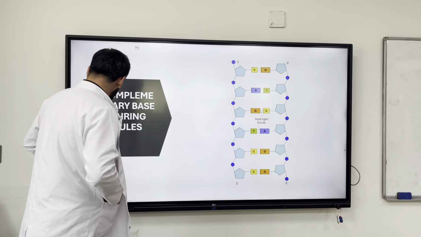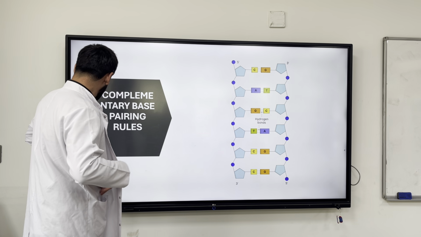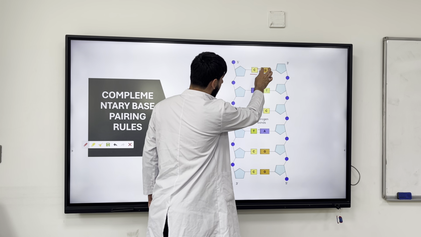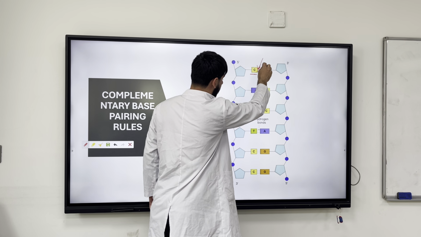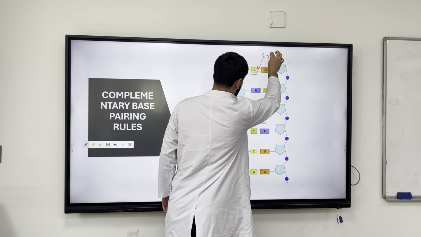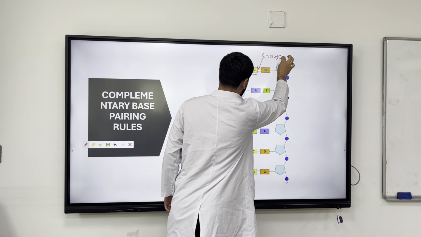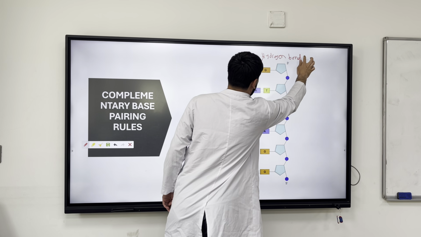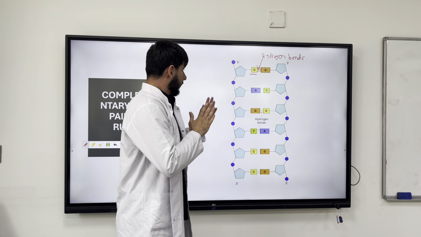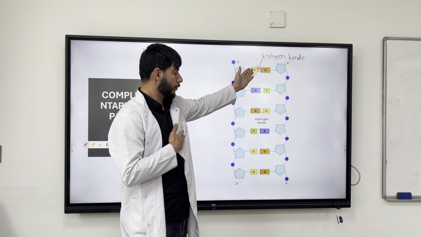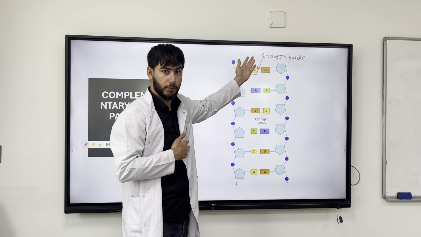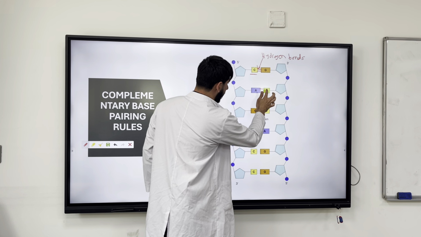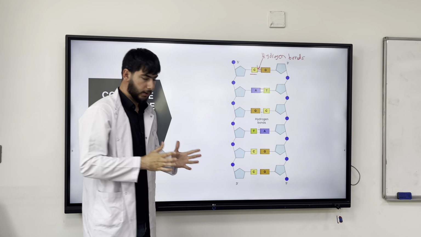Now we talk about base pairing. As we know, cytosine joins with guanine by 3 hydrogen bonds, but adenine joins with thymine by 2 hydrogen bonds.